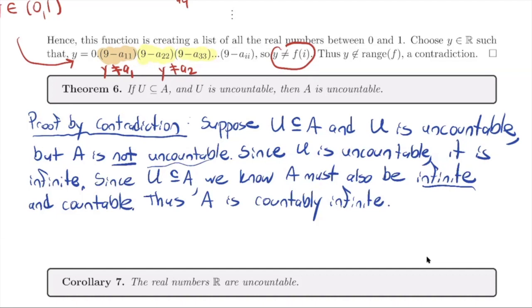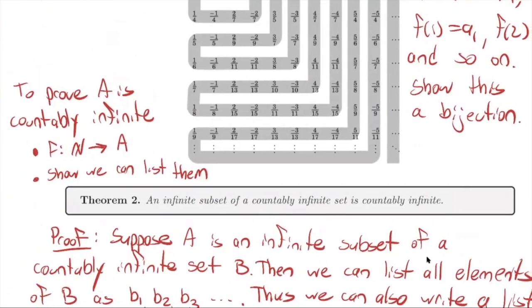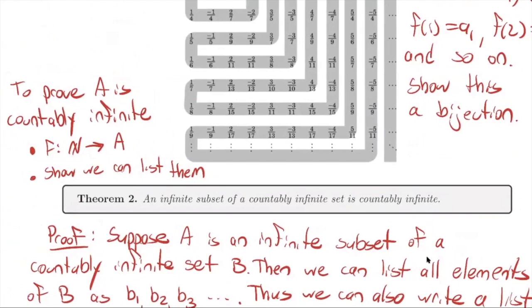Does anyone see the contradiction? Didn't we just prove that if something is a subset of a countably infinite set, then it must be countably infinite? That's right. Yep. So this is a contradiction by this theorem right here. Remember, we just proved that any infinite subset of a countably infinite set has to be countable.